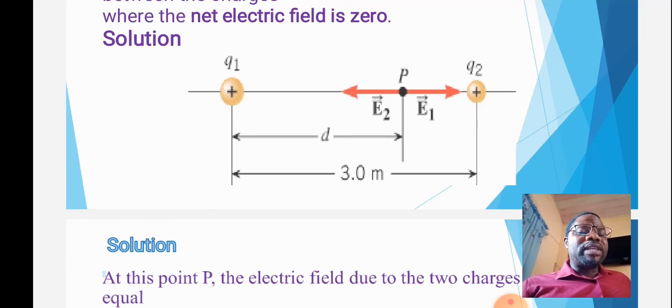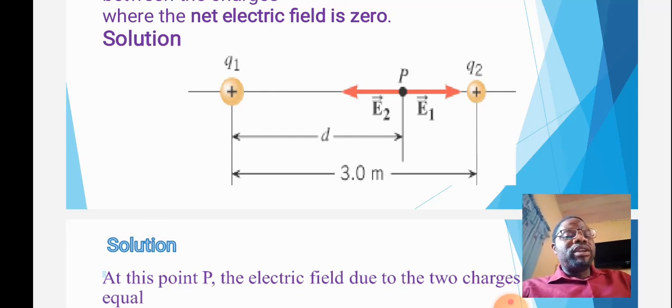So the resultant will be 0. That simply shows that at the point P, the electric field due to the two charges will be equal to ensure that the net electric field will be 0. So that means that E1 will be equal to E2.